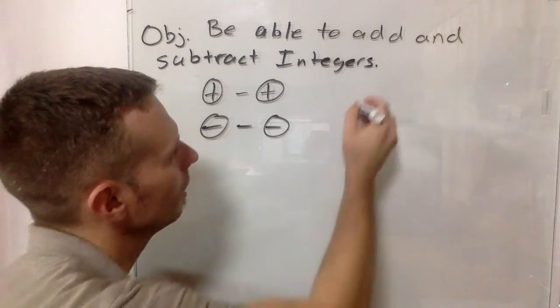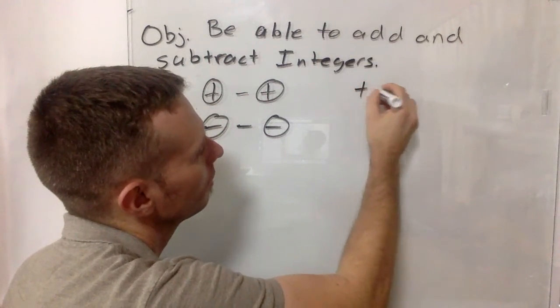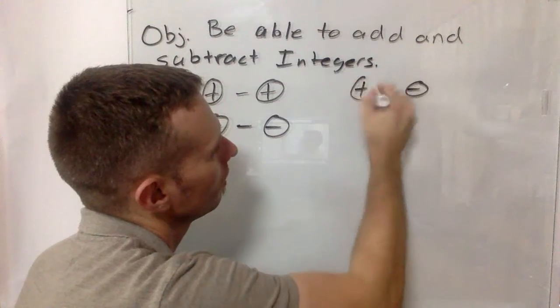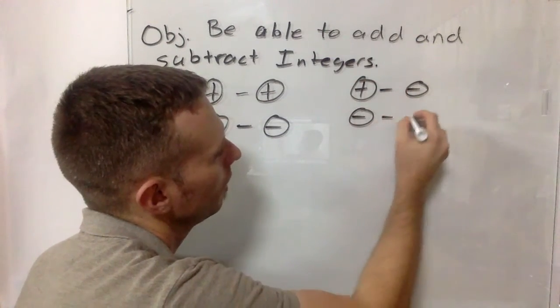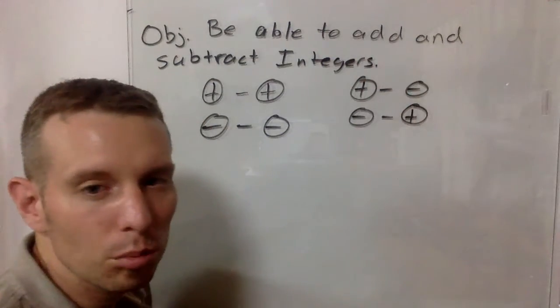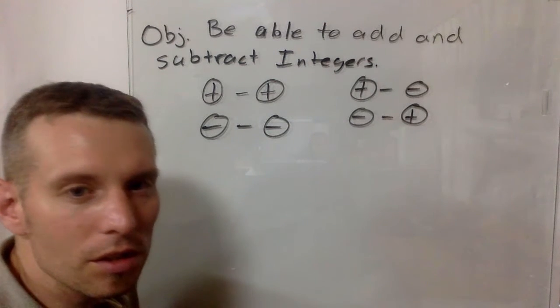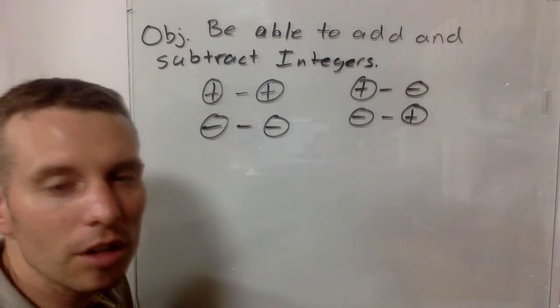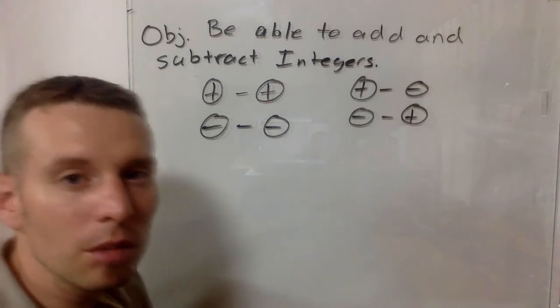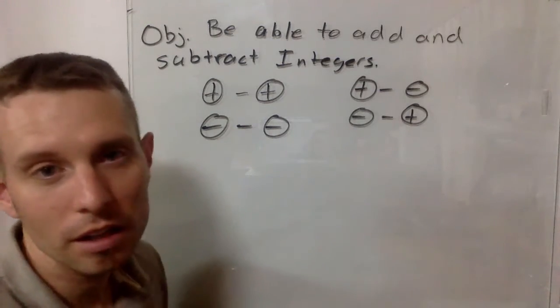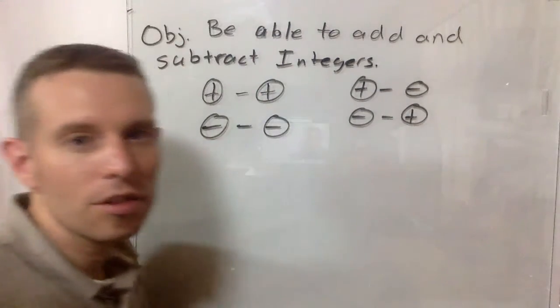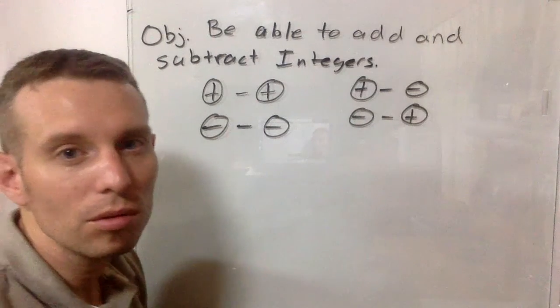Okay, and we have a positive minus a negative, and a negative minus a positive. Now, these aren't as cut and dry, but if we turn them into adding integers, then we can follow all the same rules as adding integers.